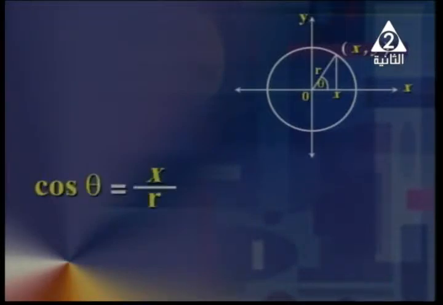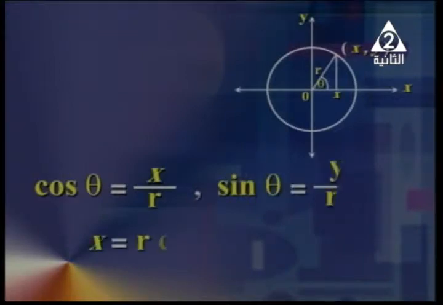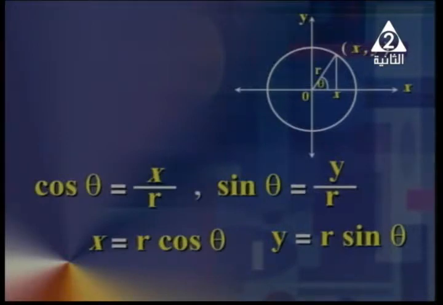Cosine theta equals x over r, sine theta equals y over r. By cross multiplication, we find x equals r cosine theta, and y equals r sine theta.